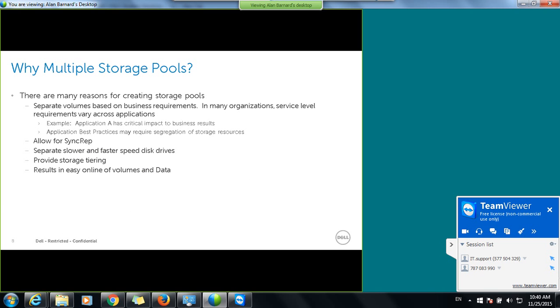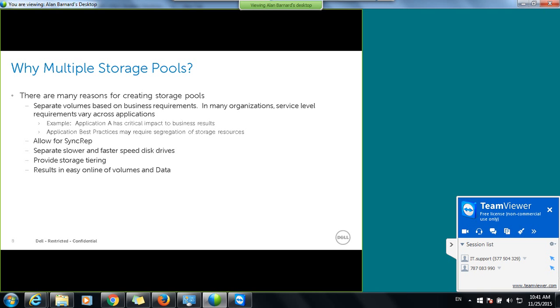Now, let's discuss the next topic, which is the storage pool. Why do we need multiple storage pools? You probably already know one of the reasons is to prevent downtime when you're doing a firmware upgrade, right?